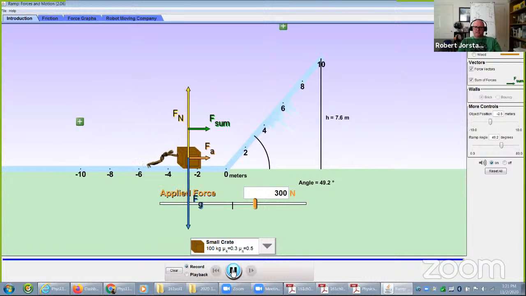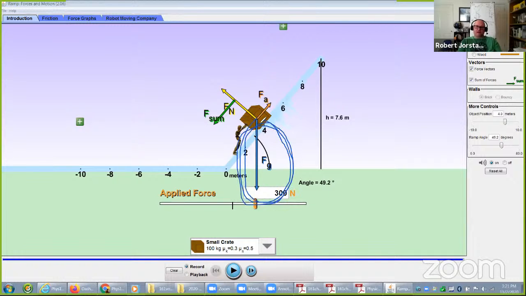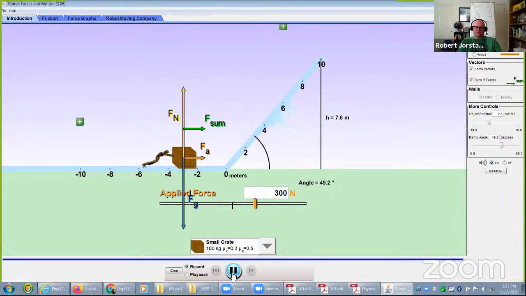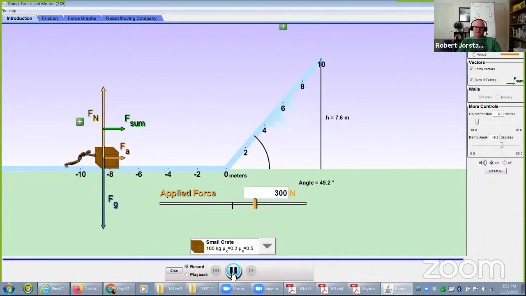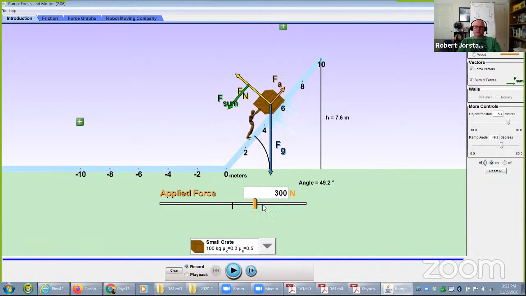All right, so when it goes up there, what I want to point out is, look at the gravitational force. In particular, I want you to observe if the gravitational force changes. Okay, here we go. I'm going to play it. Just watch the gravitational force. Also watch the normal force. Here it comes. I hope you agree the gravitational force is not changing. Well, that makes sense.